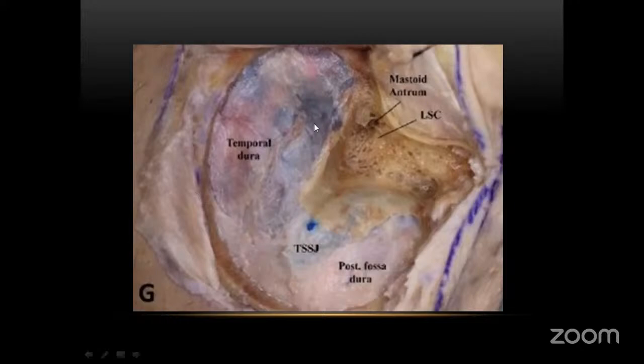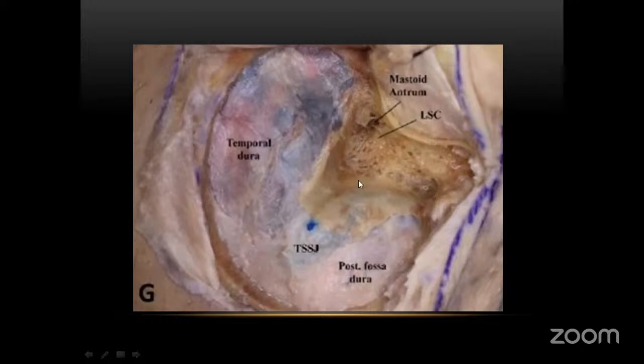Till yesterday we were here, that we have to complete the exposure of the bone, the temporal and the posterior fossa simultaneously, with the exposure of the mastoid antrum and mastoid air cells.